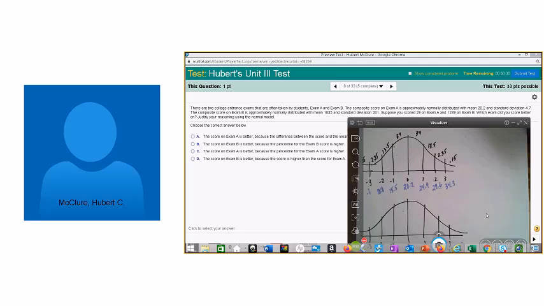I better just do it myself, because y'all may not have a phone. So 1035 minus 201 is 834. Minus 201 is 633. Minus 201 is 432. Thank you, 432. Now check all my numbers.